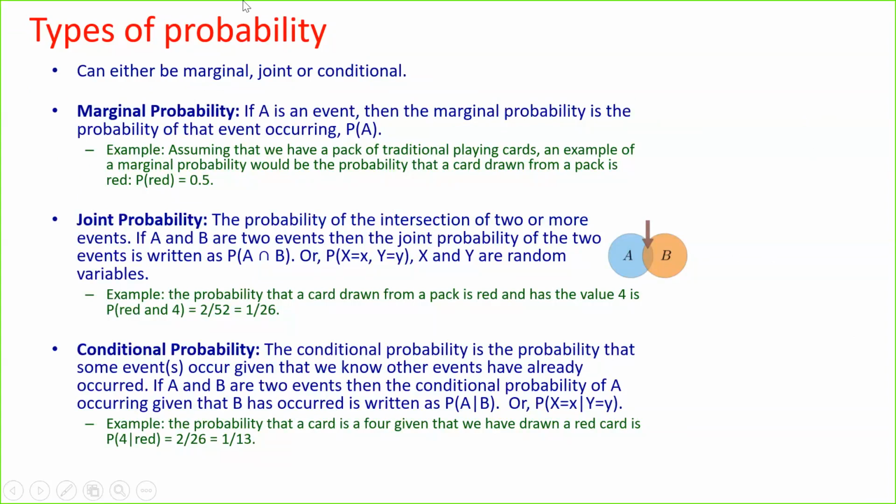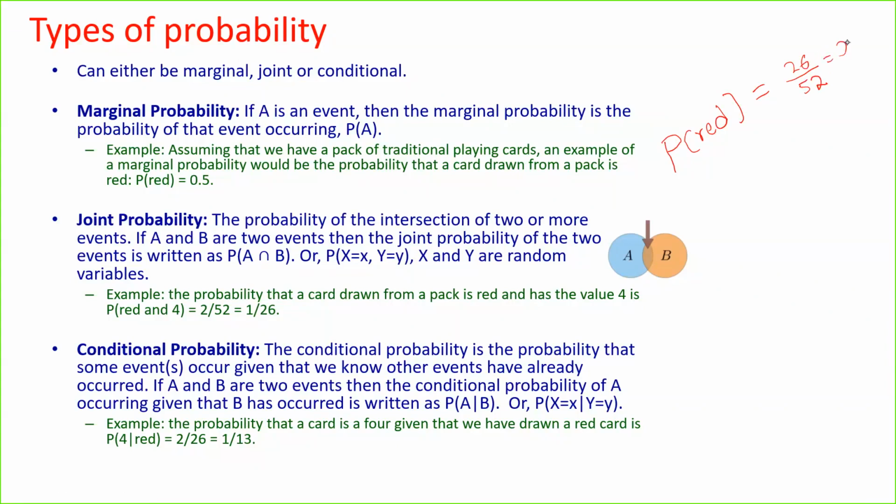Okay, so suppose they ask you what is the probability of picking a red color card from the deck of cards. What is your answer? Total number of cards is 52, and out of them 26 are red color.